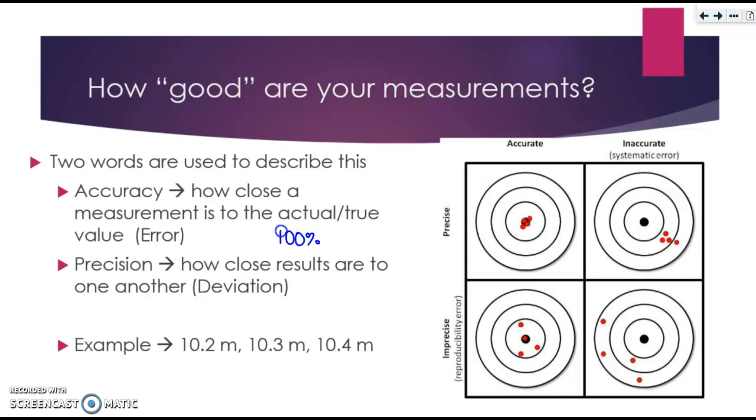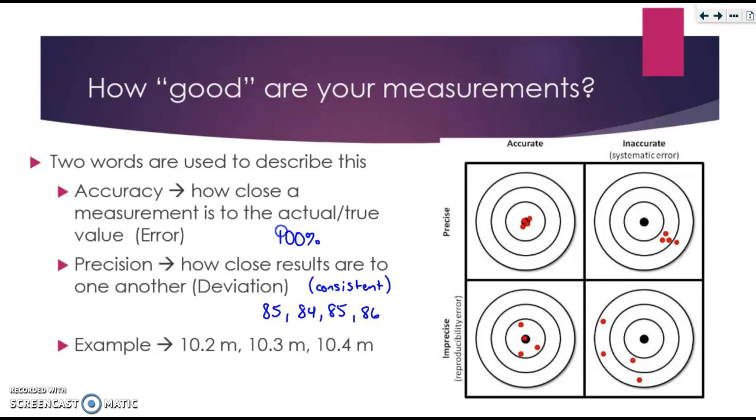Precision is how close together results are to each other. I like to use the word consistent here. So you're precise if you are consistent. So maybe you get an 85, an 84, an 85, and an 86 on 4 of your tests. All of those values are very close together, so you are a precise person when it comes to testing.